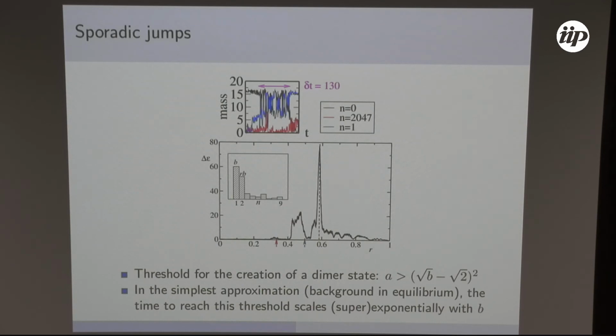Here we performed some analysis where we started from a breather and we artificially excited one background site, where R is a parameter from 0 to 1. And we found that the largest energy variation, the largest jumps, indeed correspond to this dimer threshold.